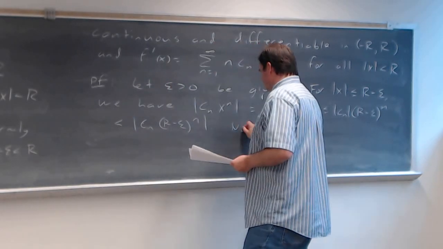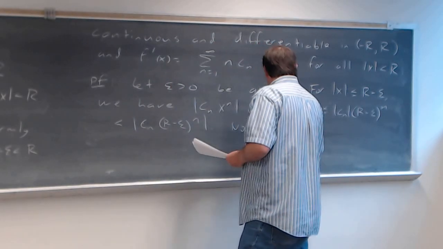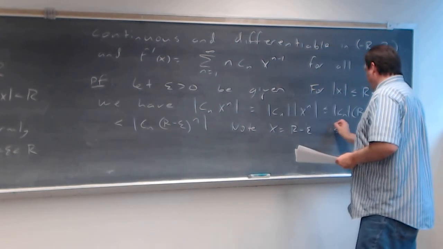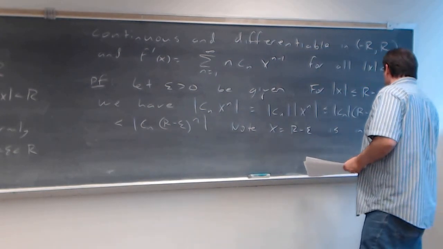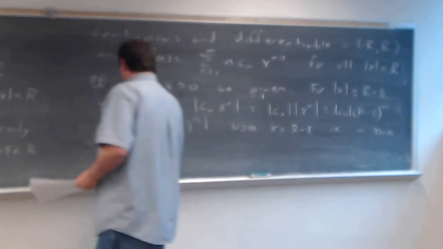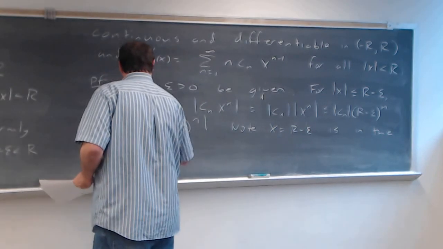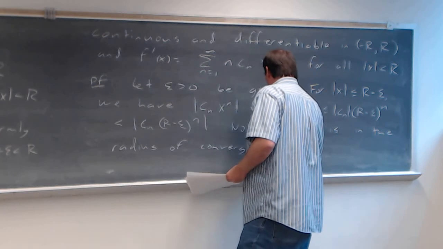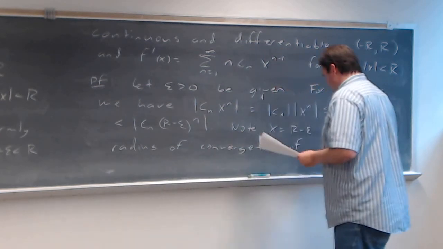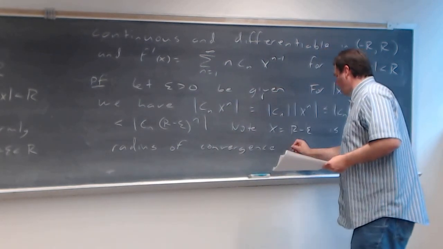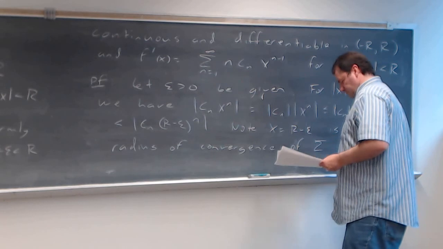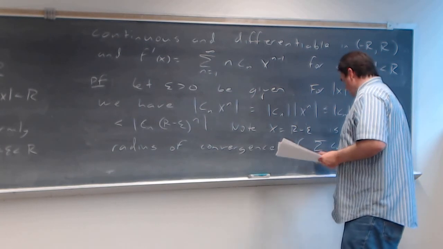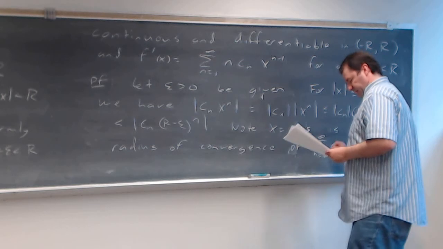Now, note, x equal to r minus epsilon is in the radius of convergence of the sum of c sub n x to the n running from 0 to infinity.